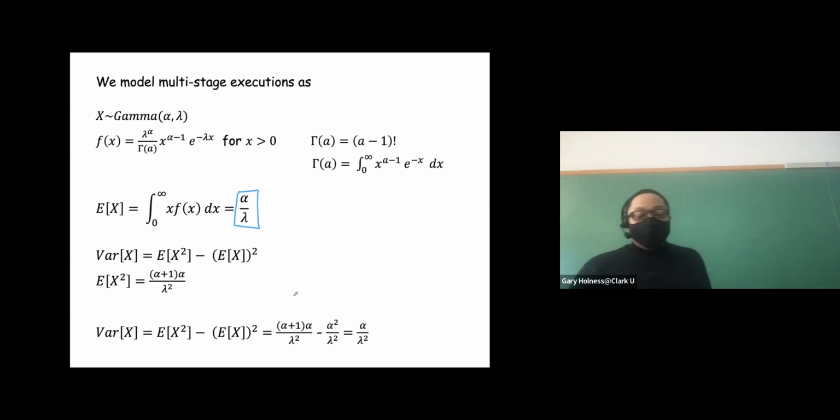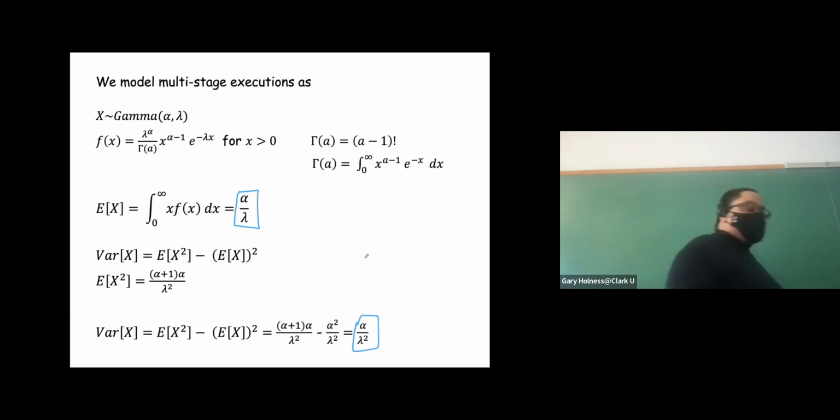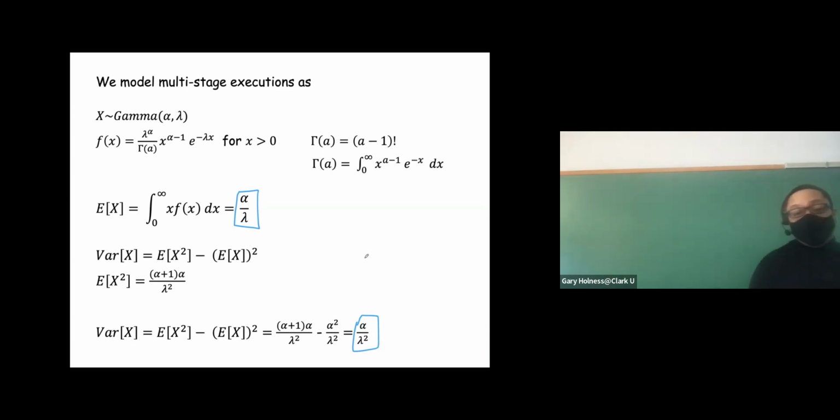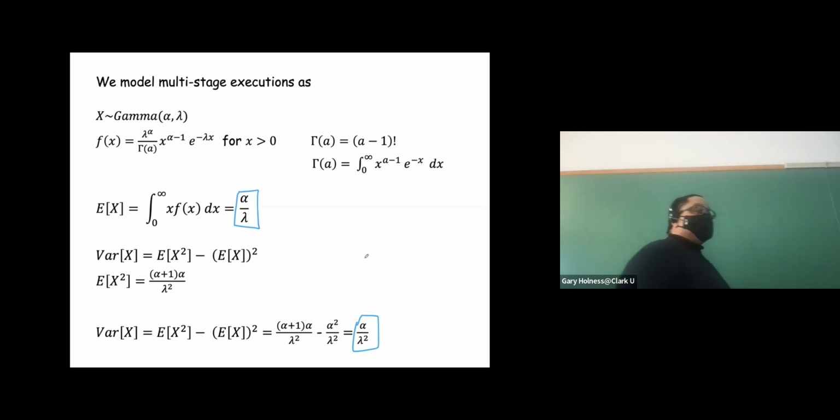And then the variance is alpha upon lambda squared. That looks very familiar. The variance of an exponential distribution is 1 upon lambda squared. We have alpha many of them, so it's alpha upon lambda squared. Does that make sense?